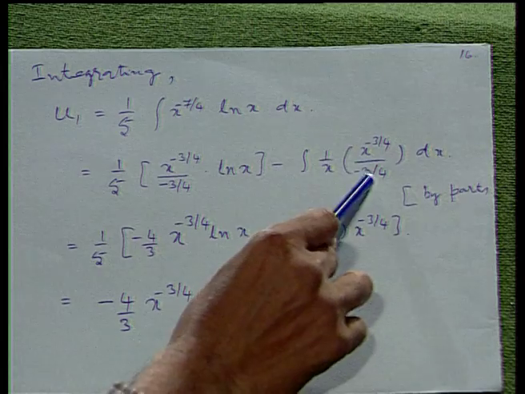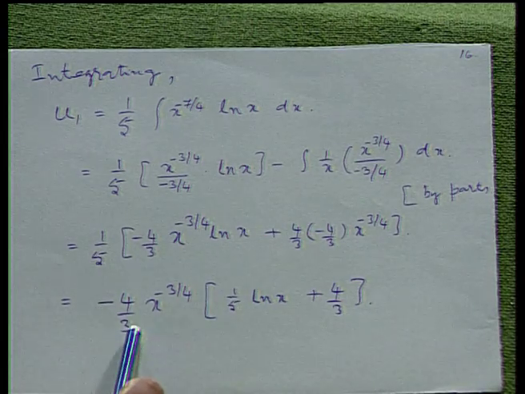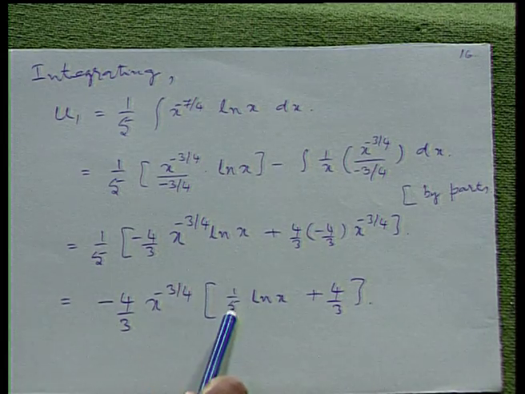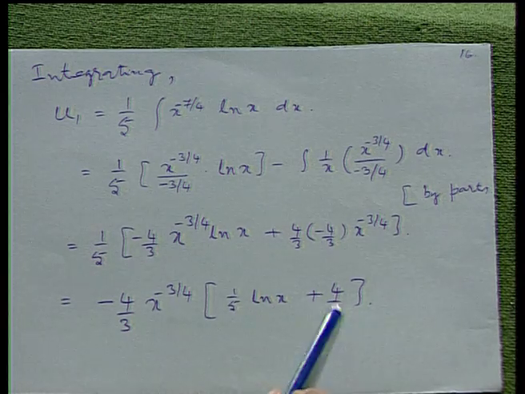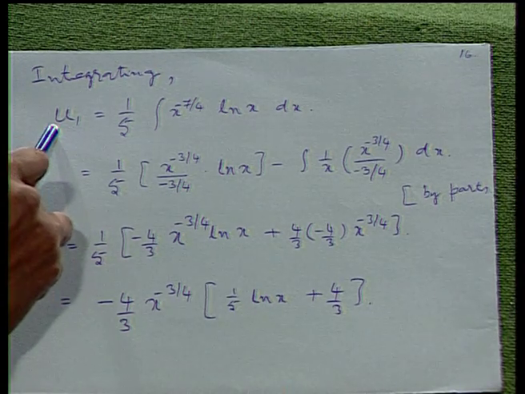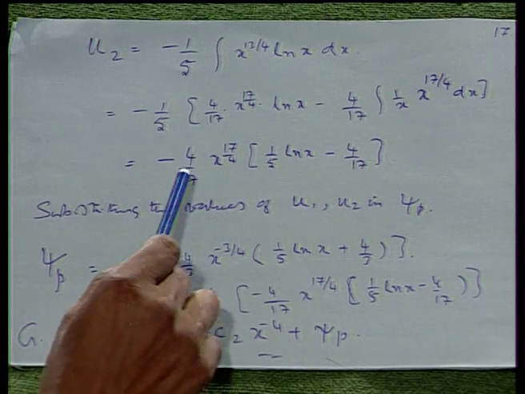And after the integration you will get minus 4 by 3 into x to the power of minus 3 by 4 into 1/5 of ln x plus 4 by 3. This is your u1.